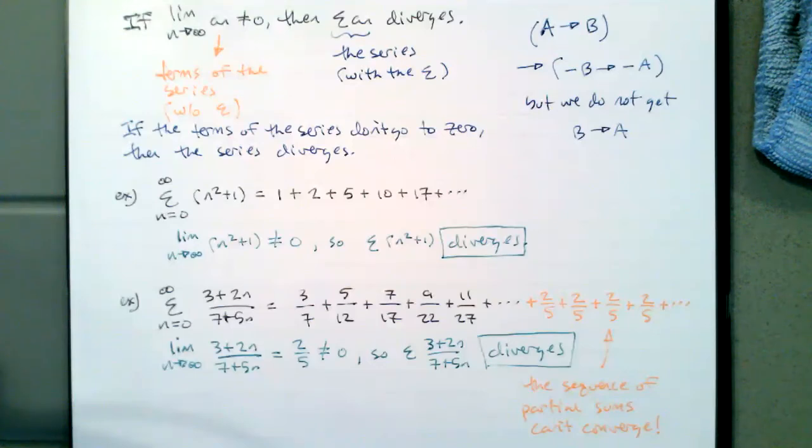So when I make the statement, if the limit as n goes to infinity of a_n is not 0, then the series diverges, what we get from that is the contrapositive. If the series converges, then the limit of the terms is 0. That makes the limit of the terms being 0 a necessary condition, but it is not sufficient.